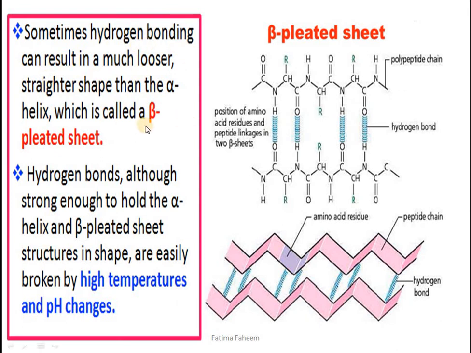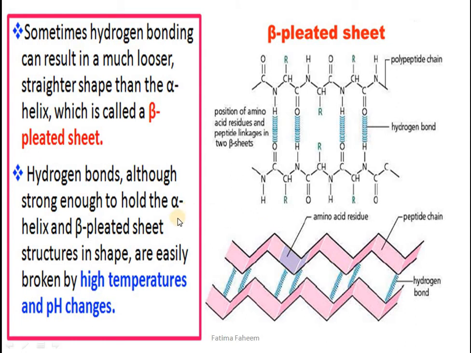Sometimes the hydrogen bonding can result in a much looser, straighter shape than the alpha helix. So the coiling is not only in the alpha helix form, it is also in the beta pleated sheet form, which is a loose sheet where the amino acids are linked together loosely with each other.